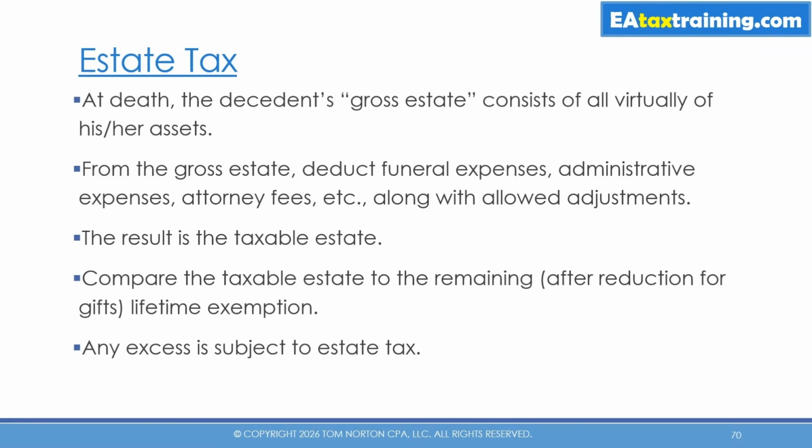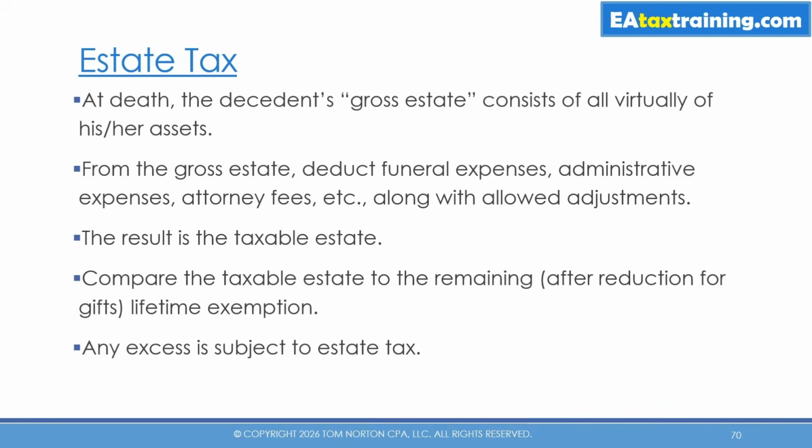Now let's talk about the estate tax. At death, the decedent's gross estate consists of virtually all of their assets. From that gross estate, you will deduct certain things. You can deduct funeral expenses, administrative expenses, attorney fees, along with some allowed adjustments. Once you subtract those things, that results in the taxable estate.